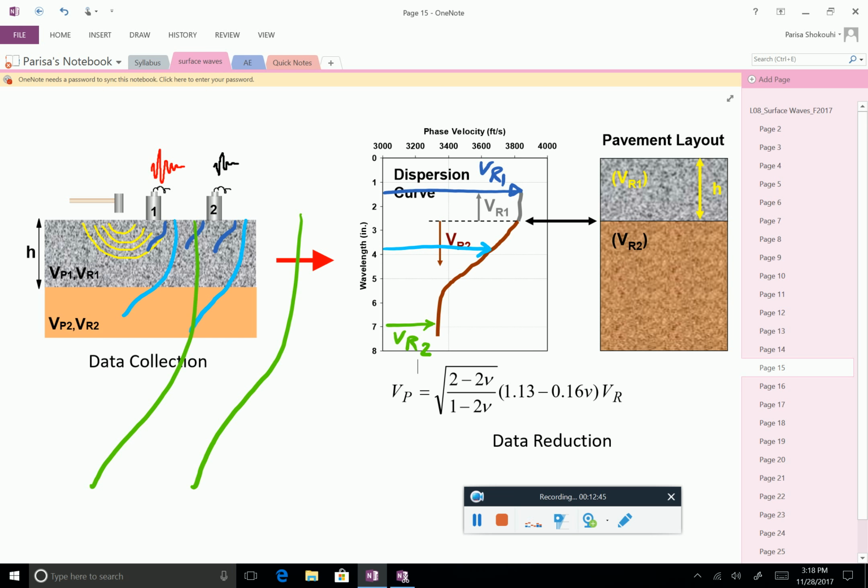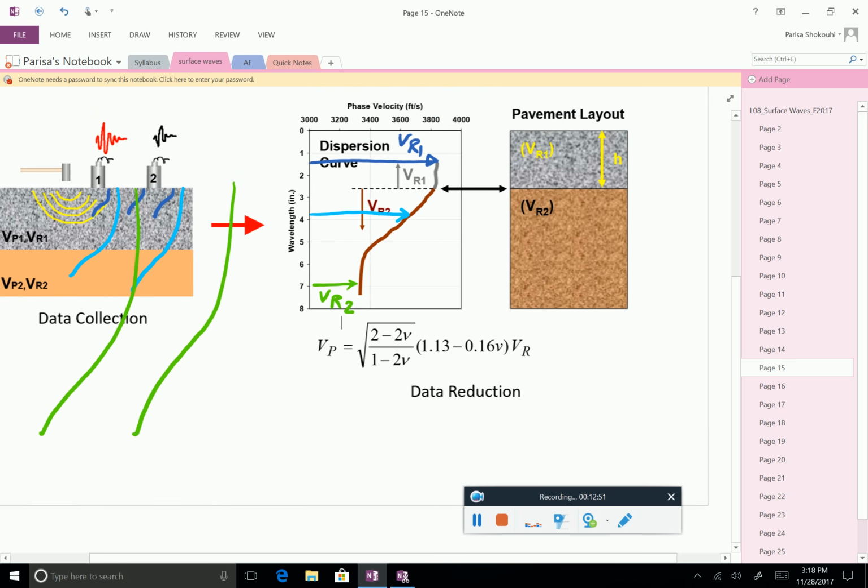But you will soon see that it's not as easy as it sounds. So what people use is that they assume something for Poisson's ratio, and they turn the Rayleigh wave velocity to, let's say, shear wave velocity or P wave velocity, depending on the application.